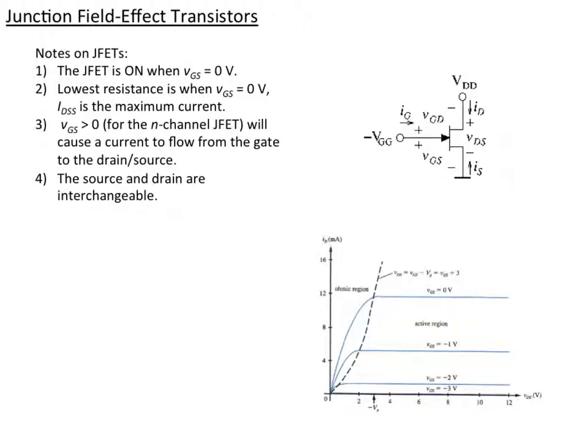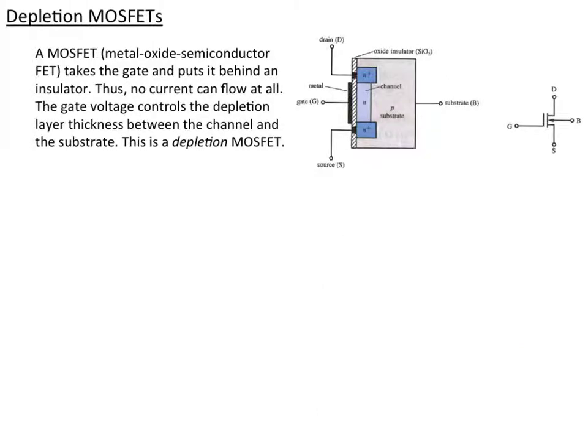And the lowest resistance that we get coming through here is also when VGS is 0, and then we get the maximum current, IDSS. When we forward bias VGS, a current flows just like any diode, but that's not the intended operation. And the source and drain are interchangeable. So we go through those characteristics to distinguish them from MOSFETs, which we talk about now.